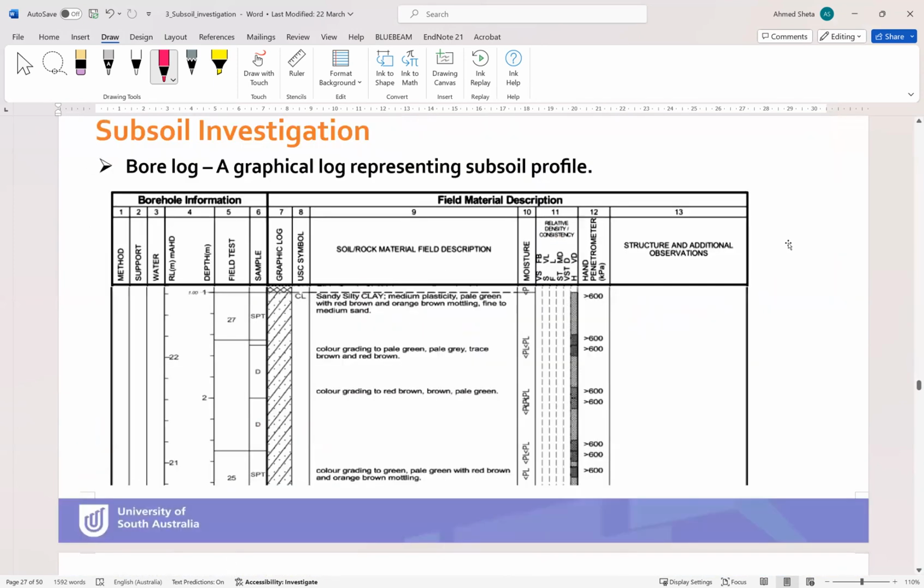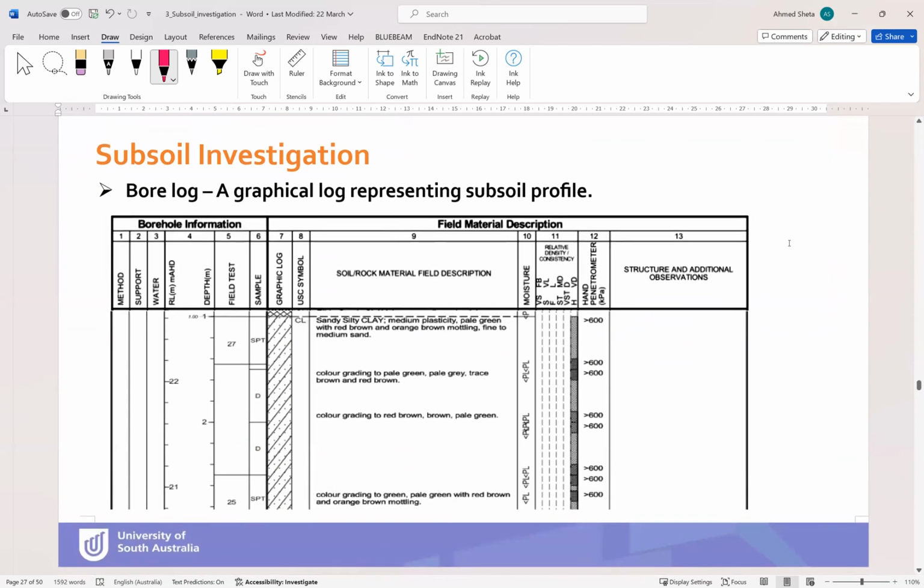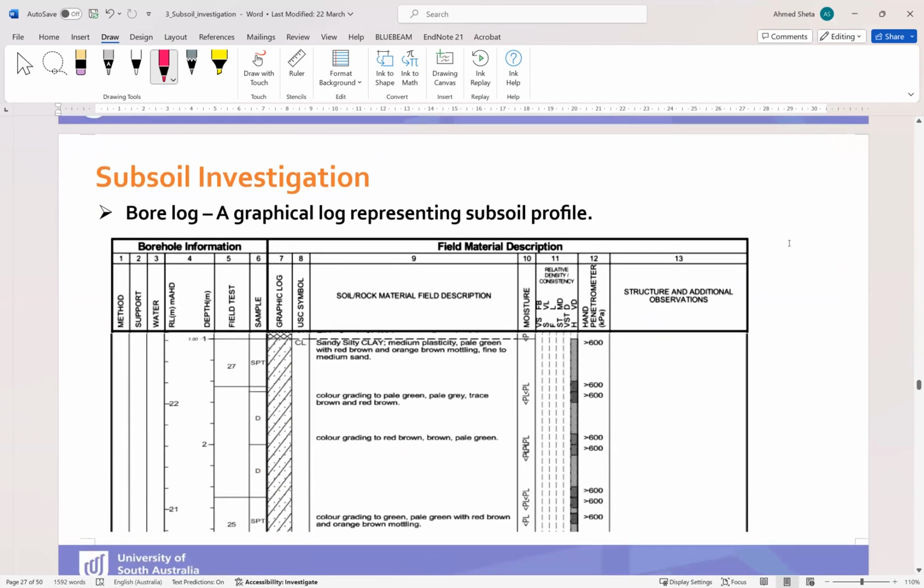This is an example of the bore log, and if you can see here, we have various layers. For example, this is one layer, here is another layer, and here another layer.